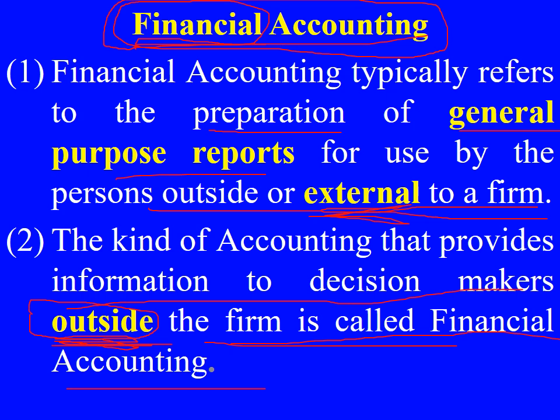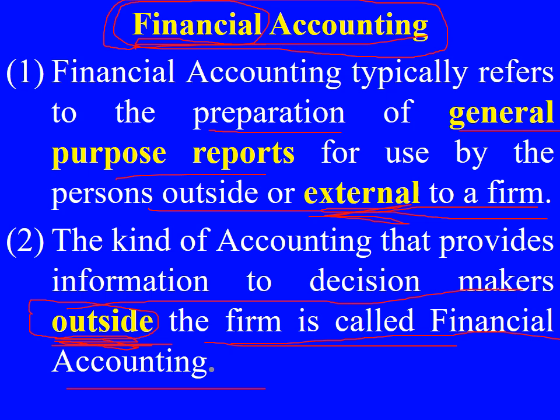Moving to financial accounting. Financial accounting basically refers to a form of accounting which prepares general purpose reports which will help the persons who are external to a firm. So financial accounting is a form of accounting which prepares financial information that will be supplied to whom?